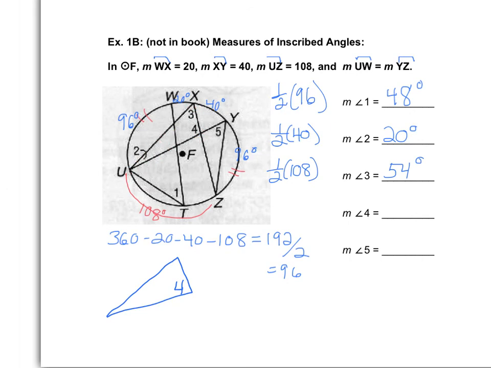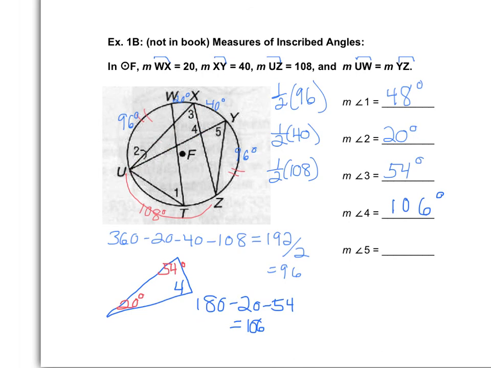And our angle 3 we've already found is 54 degrees, remember? And our angle 2 we've already found is 20. So for a quick subtraction there, we take 180 minus the 20 minus the 54, and that's going to give me that angle 4 has to be 106 degrees.